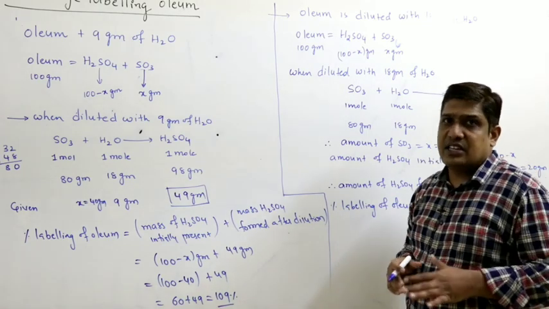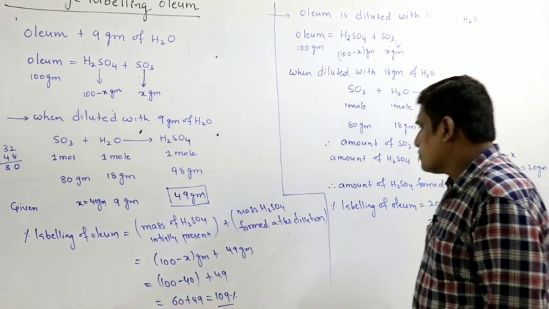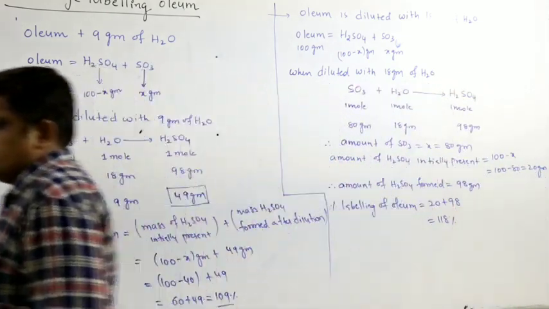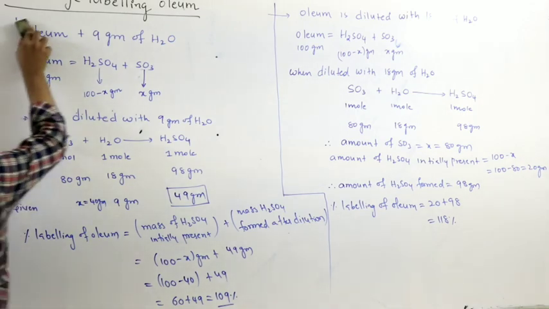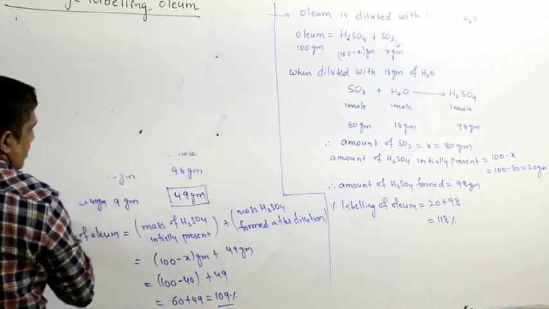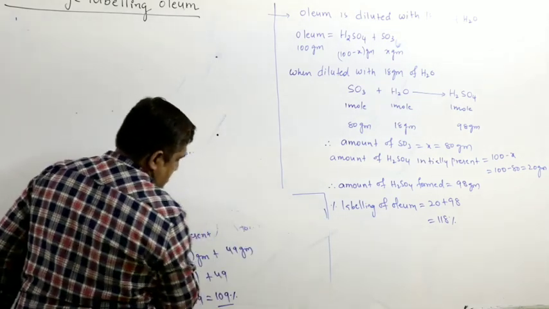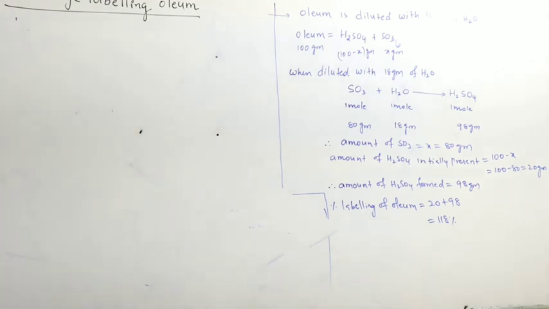Let us take that imaginary case. Suppose all the 100 grams of oleum is SO3.